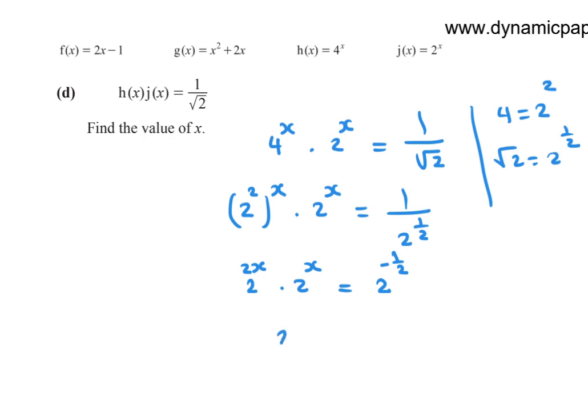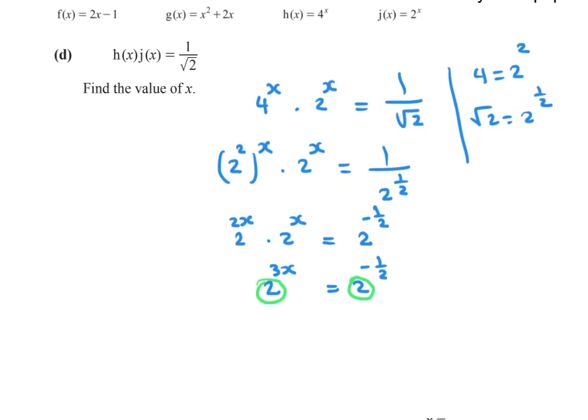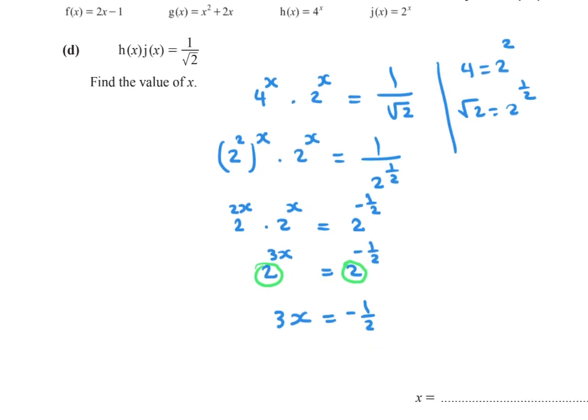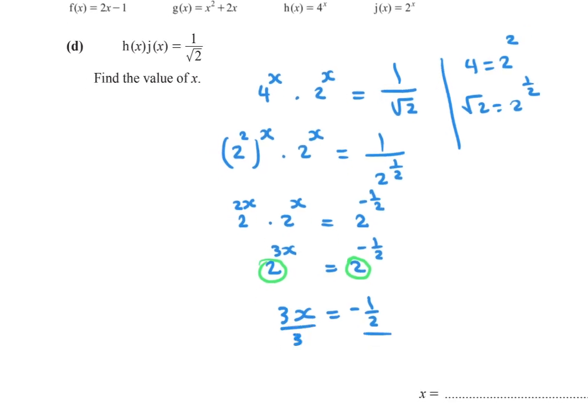So this is 2 power 3x equals 2 power negative half. Now base equals base, so power equals power. So 3x equals negative half. Divide by 3. So x equals negative 1 over 6.